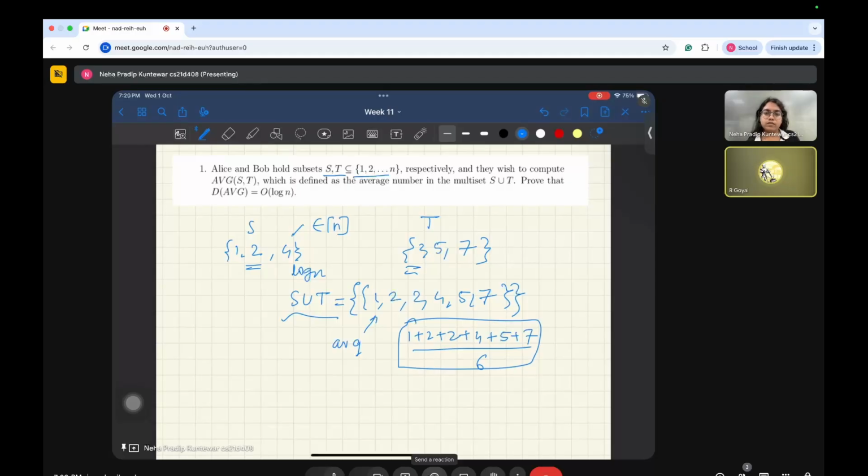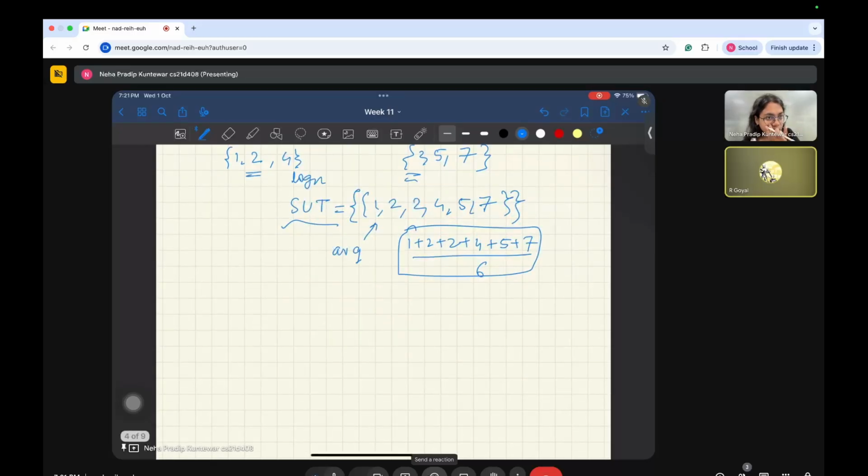Then to compute the average, I would be adding log n number of things, in the worst case n number of times. Then I take n log n divided by n, and the value comes out to be of the order of log n. This could be one protocol wherein we got that this is of the order of log n.